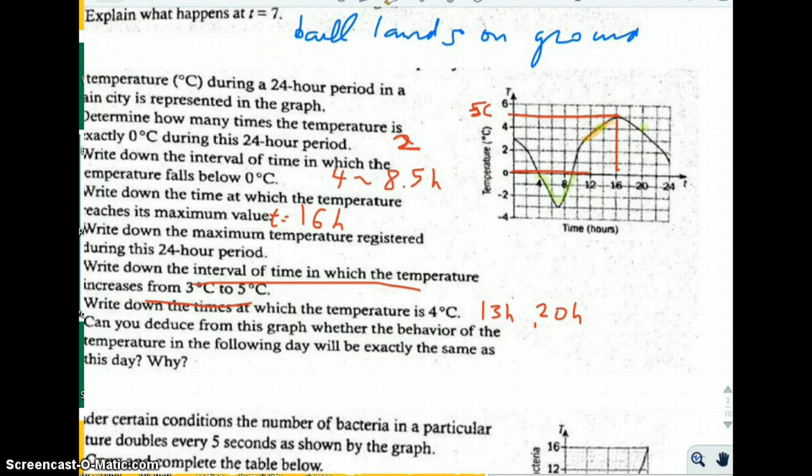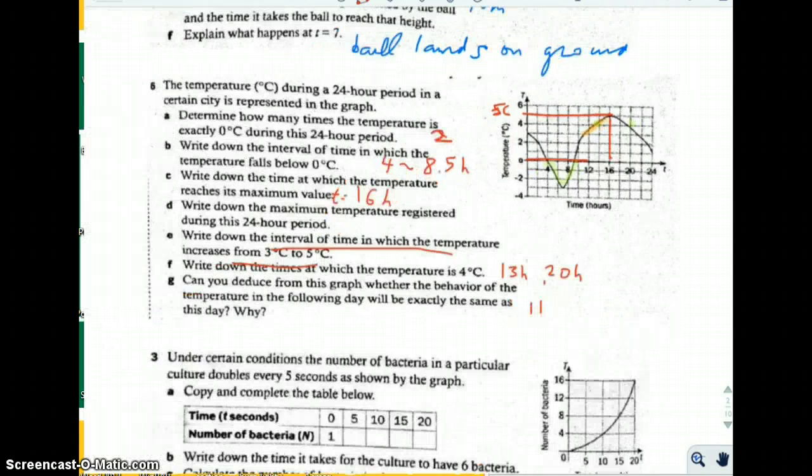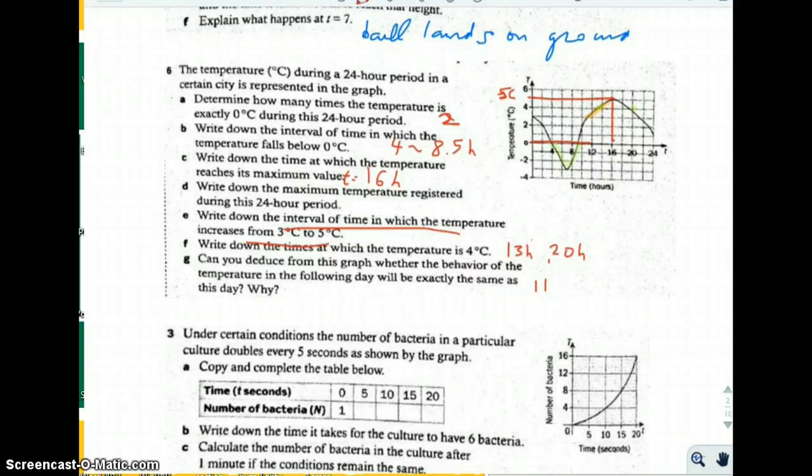So the time, that would be about maybe 10, 11, maybe 11 to 12, 13, 14, 15. Well, maybe 11 to 15. Oh, that's here. 11 to 15.